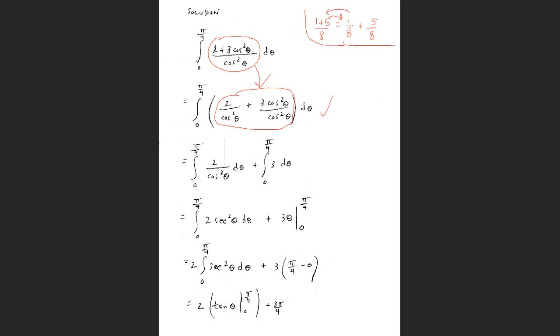And then, of course, the cosine squared theta over cosine squared theta simplifies to 1 over 1, and I'm left with the integral of the sum of 2 over cosine squared theta plus 3, and I can write that as the sum of these integrals.